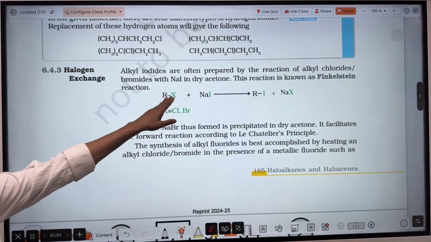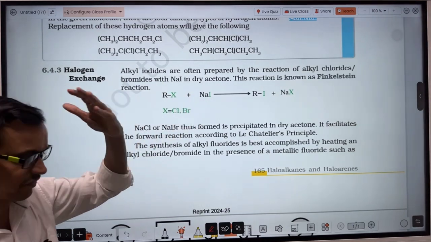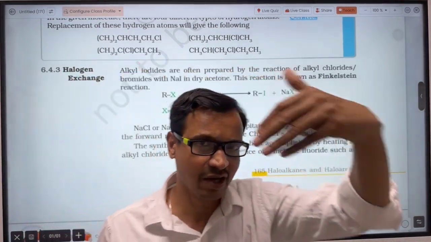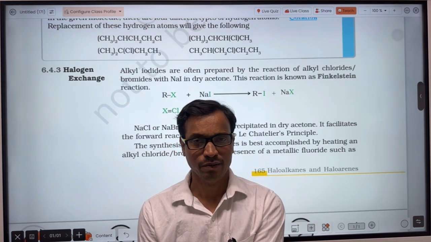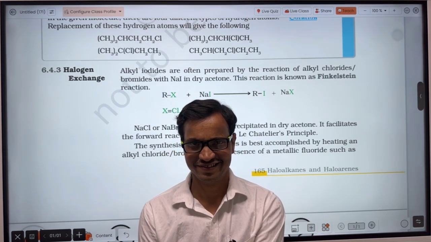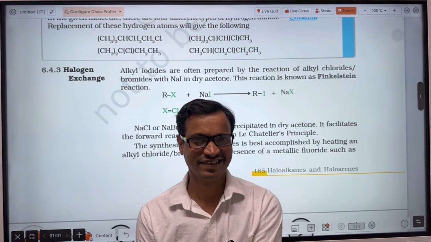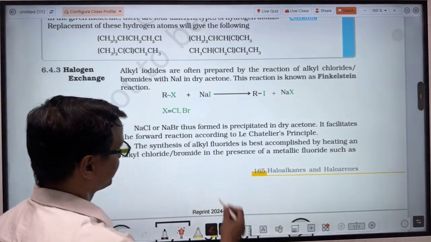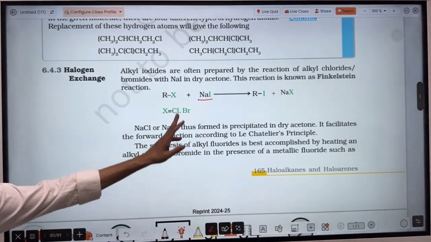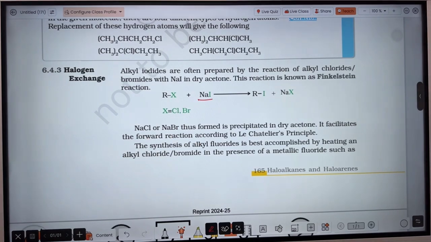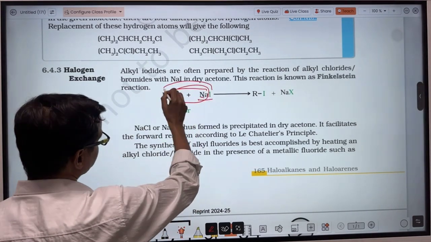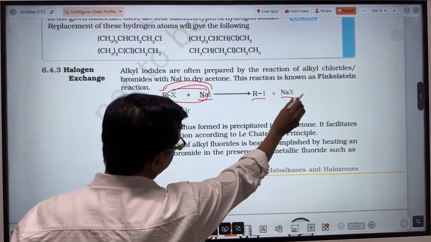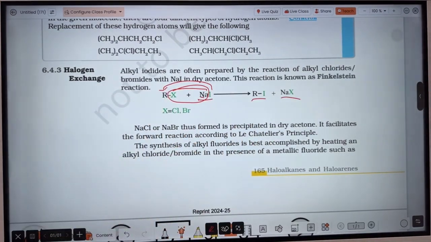Firstly, we prepare chloroalkane or bromoalkane, and then to replace by iodine, we will have to take the iodide of more active metals like alkali metals. So that's why NaI or KI, iodide of more active metals, we will have to take. Sodium will combine with this chlorine to form NaCl, and iodine will bond there. So RI and NaX will form.